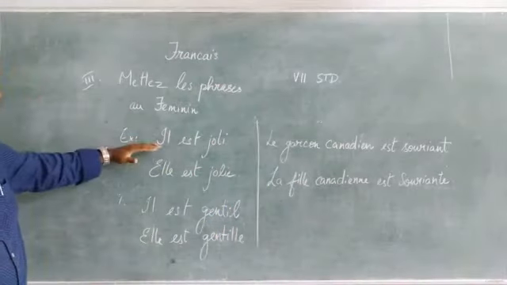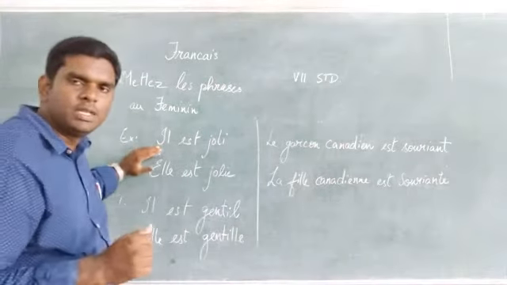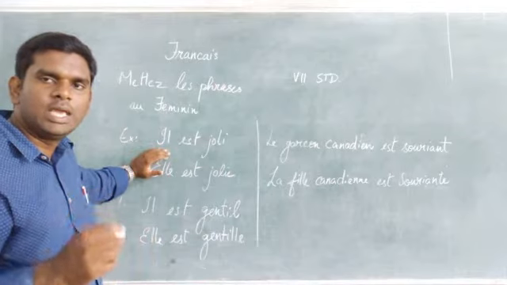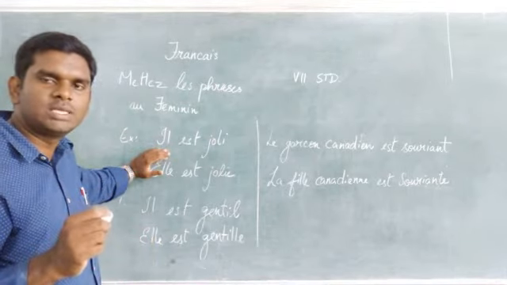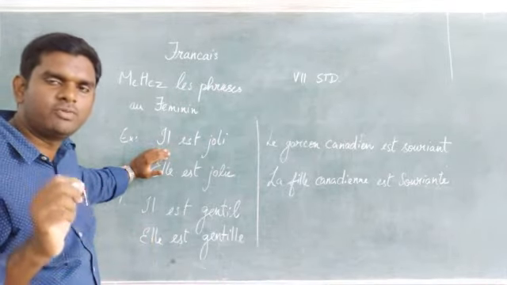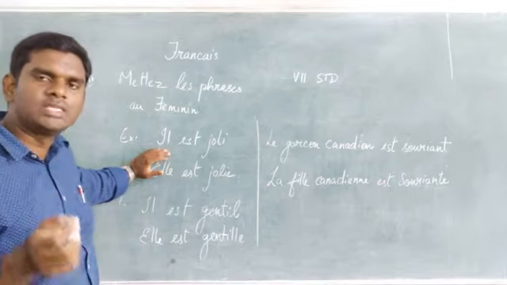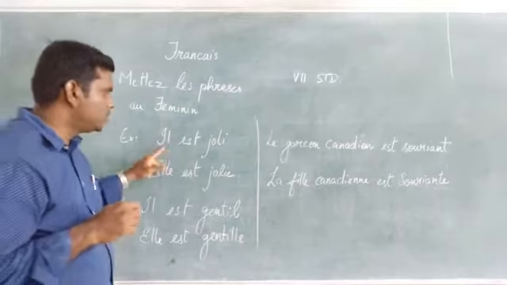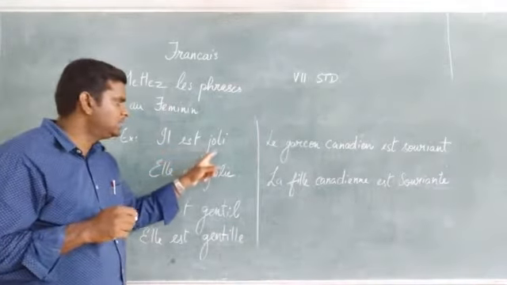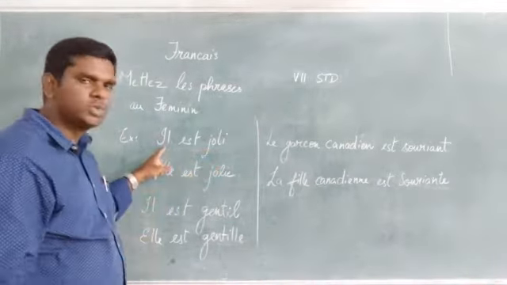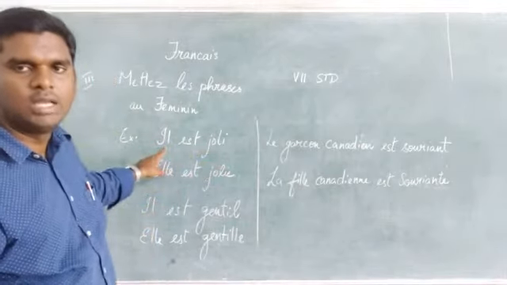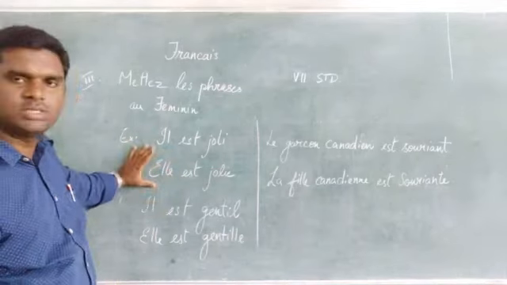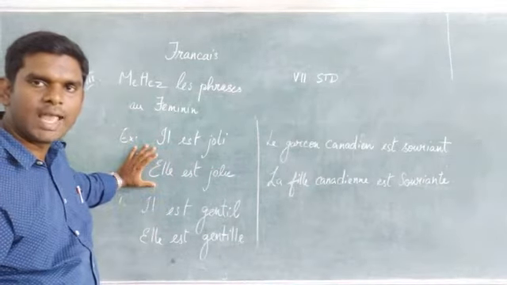The first thing is, they have given one example. Il est joli. The first thing they ask us to do is mettre au féminin. We have to change into feminine. So the example given as the question is masculine. Il est joli. The first thing we have to do is change il into elle.